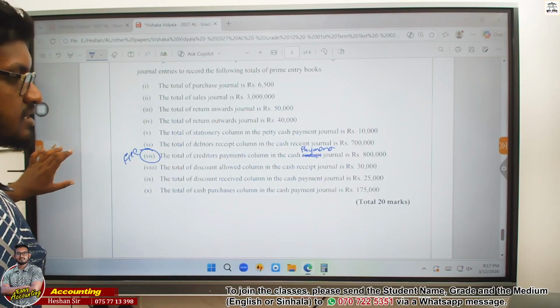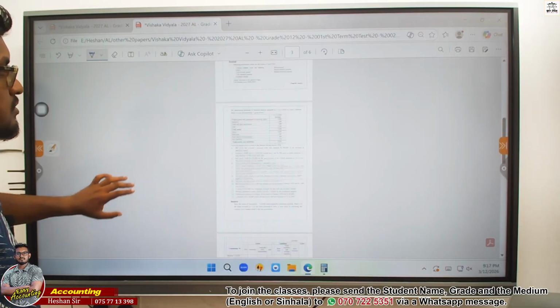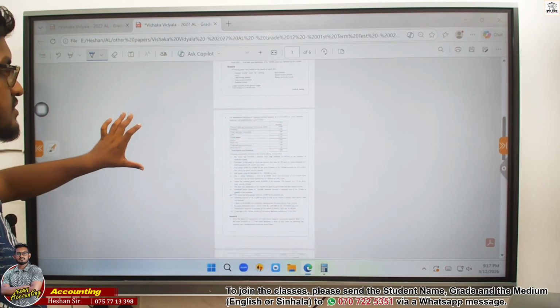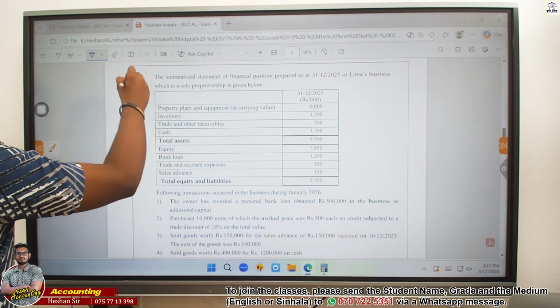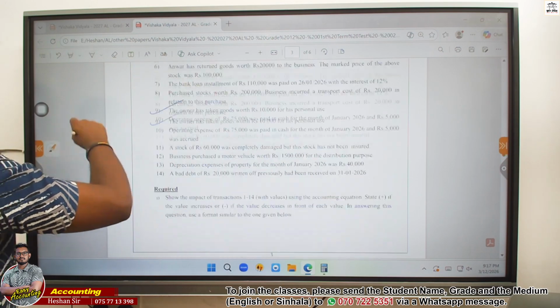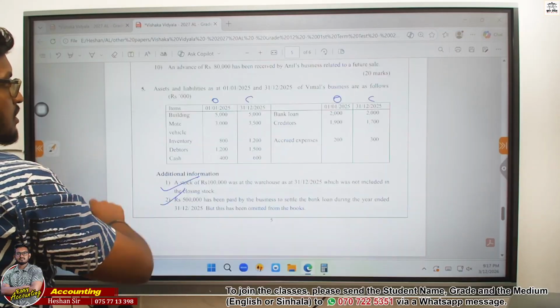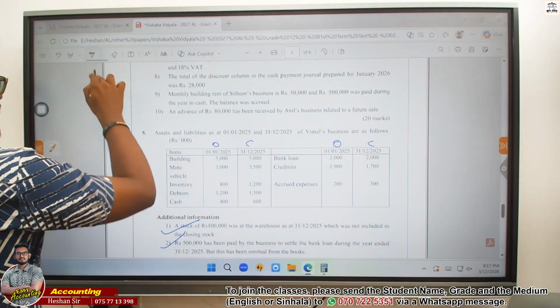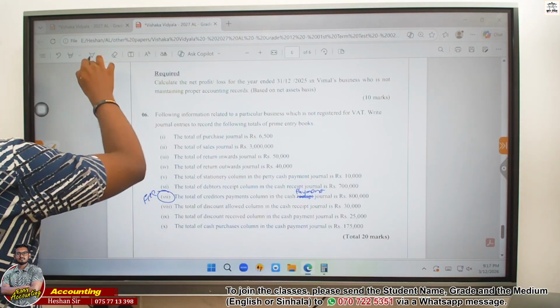Now, you know what we did? We fully did the first one, and the second one, which is 50 marks. And we did the fifth one, 10 marks, and the sixth one, 20 marks.